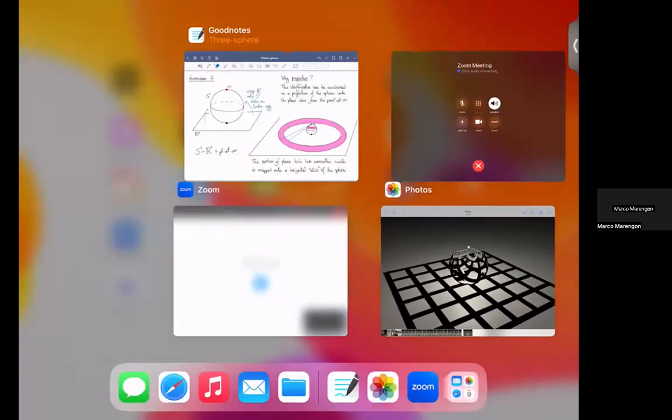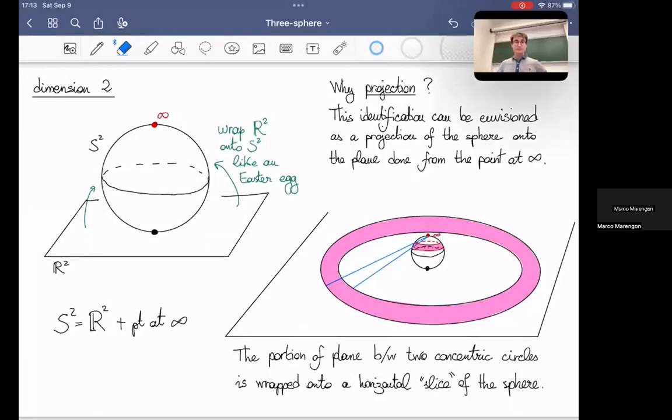All right, let's go back to the presentation. So we mentioned that S1 can be envisioned as the line plus a point at infinity. S2 can be envisioned as R2 plus a point at infinity.